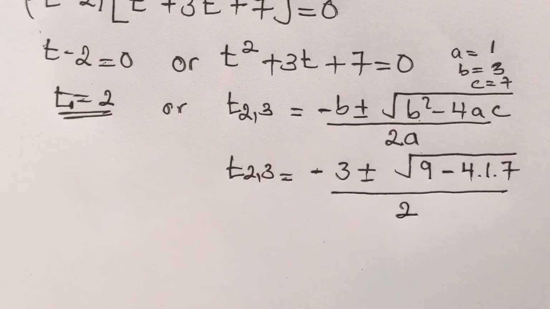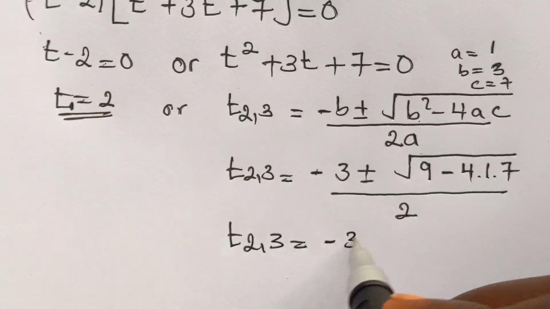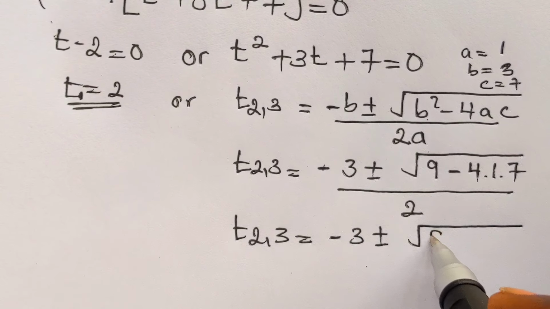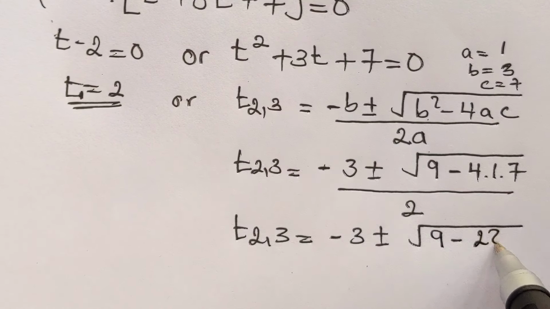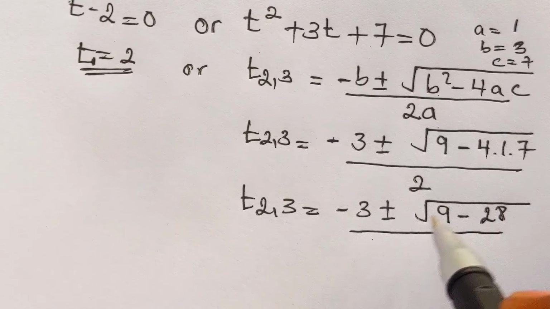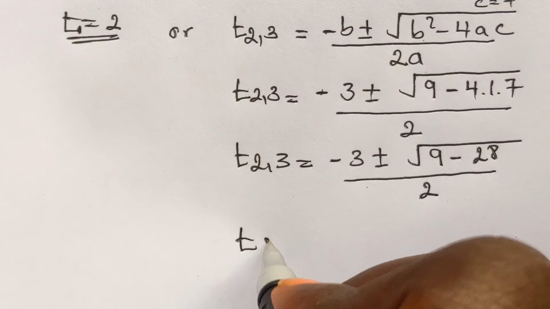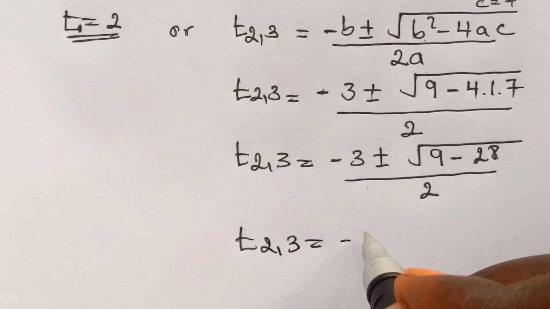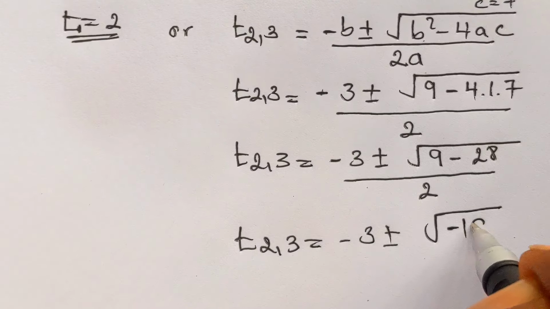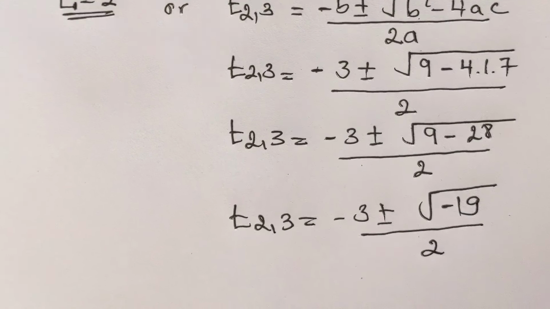2. And t2 and t3 will be negative 3 plus or minus square root of 9 minus 28, over 2. So that here t2 and t3 will be negative 3 plus or minus square root of negative 19, over 2.